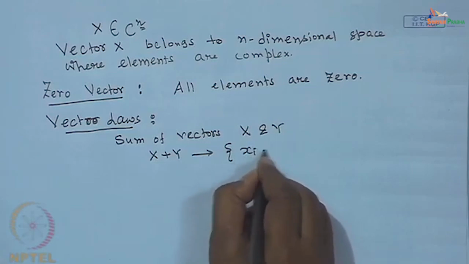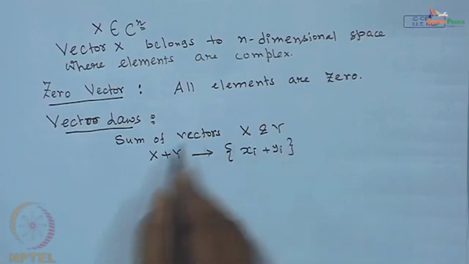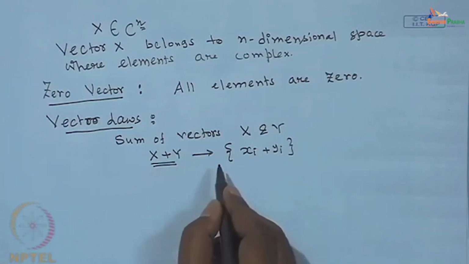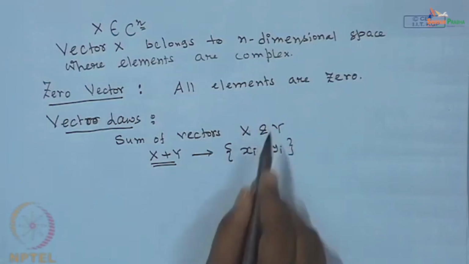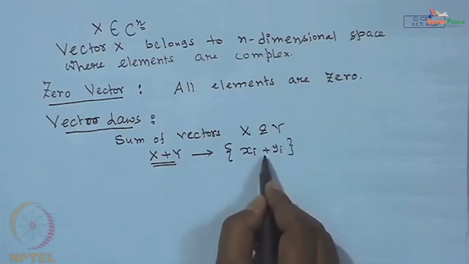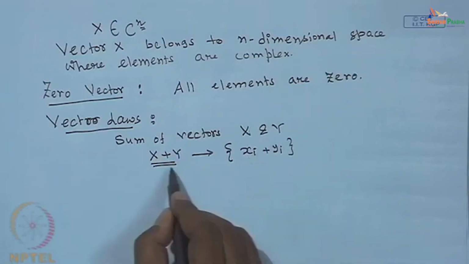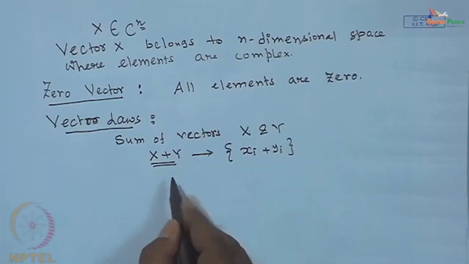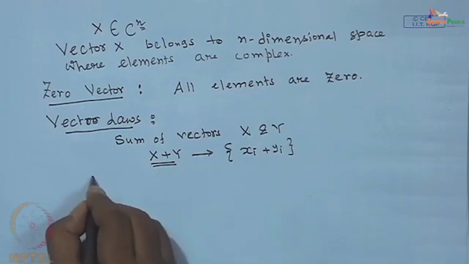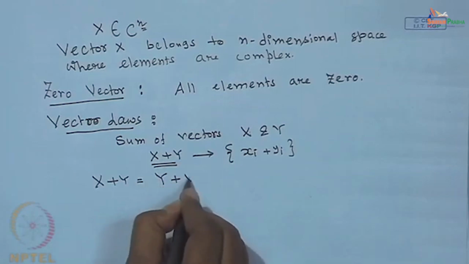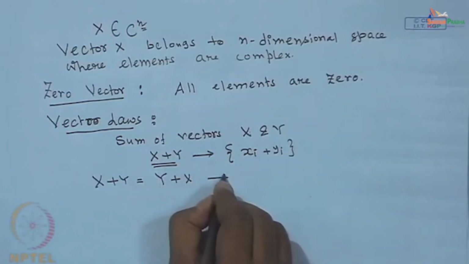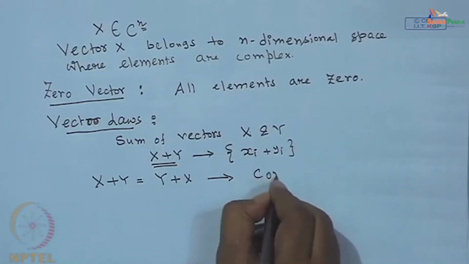That means every element of the new vector x plus y is nothing but the summation of the corresponding ith elements of the individual vectors. The set of these elements will constitute the vector x plus y. So, what are the laws? x plus y is identical to y plus x, and this is known as the commutative law.